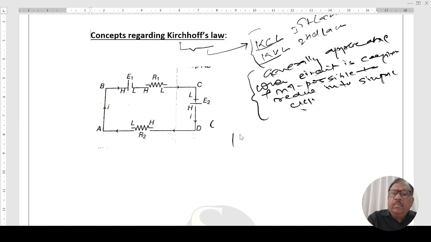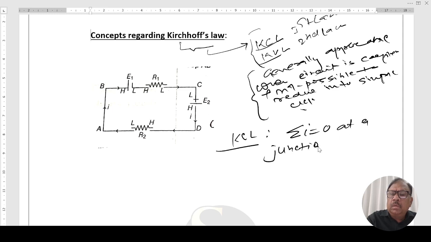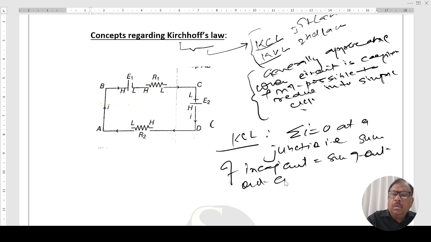KCL, Kirchhoff's current law: summation I equal to 0 at a junction. That is, sum of incoming currents equal to sum of outgoing currents.